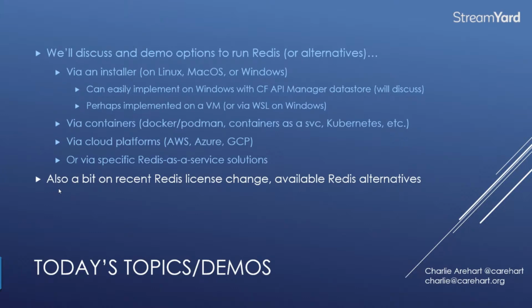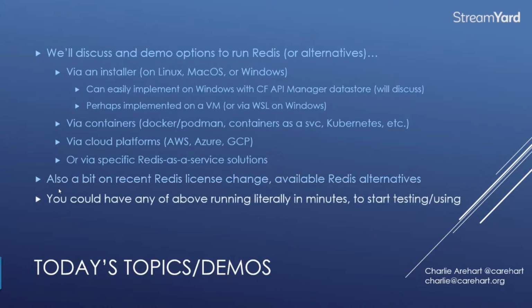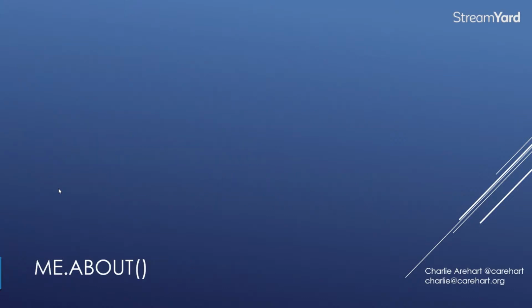So I'm just saying, you got lots of options. That's the bottom line. There are plenty of choices. That's what I wanted to talk about, is that there's lots of ways to deploy it. And you could have any of these running in minutes and start testing it or using it for production. I've done it. I'm telling you, it's true. And that's why I put this presentation together, because I find when I talk to a lot of people, they sometimes get a little lost in the weeds of all those options.